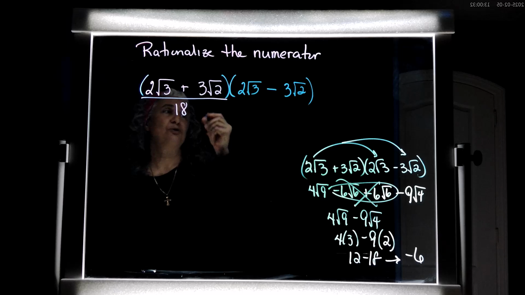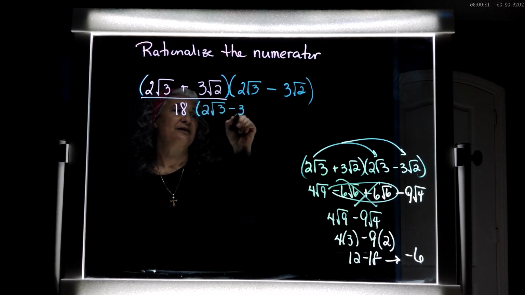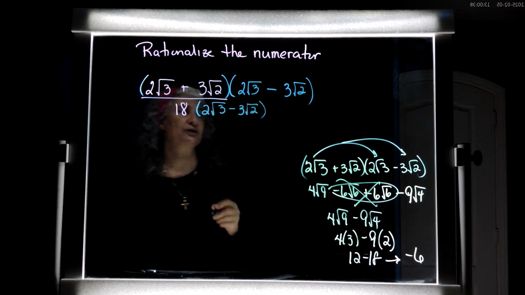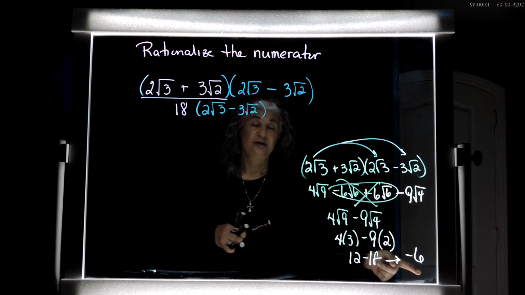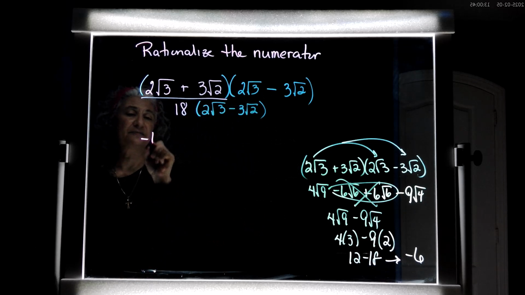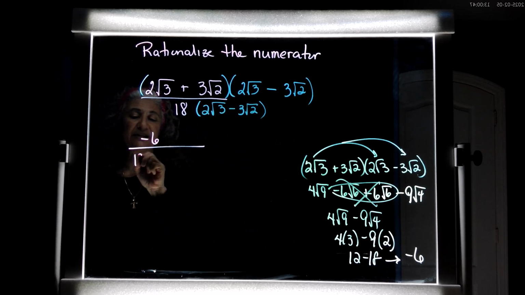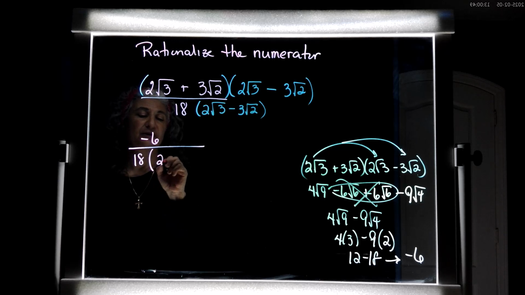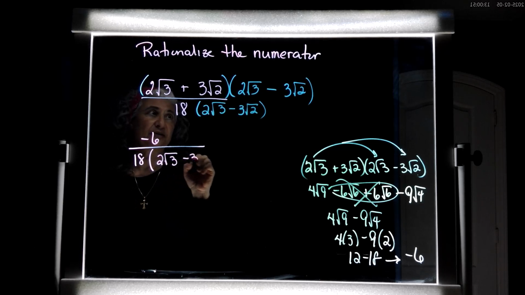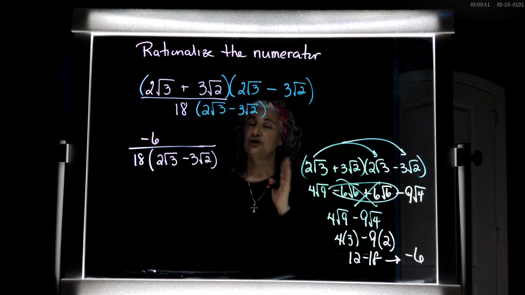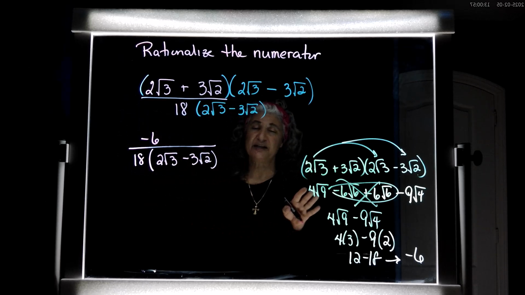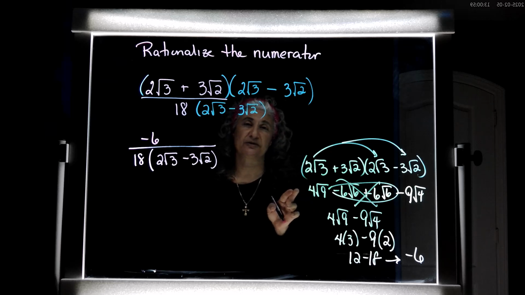So now I know I can multiply the denominator by this conjugate to the numerator. So let's write down what we have. The numerator is a negative 6. The denominator is 18 times 2 times the square root of 3 minus 3 times the square root of 2. Notice, it's the same thing I did when we rationalized the denominator.